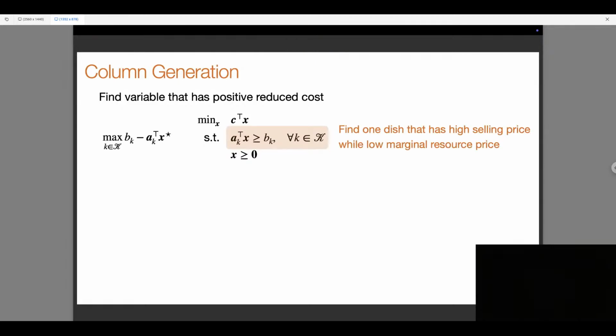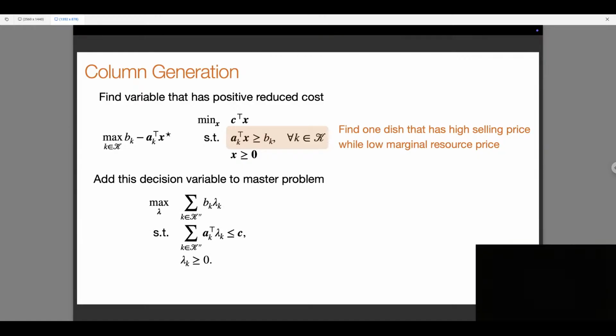And in the canteen problem, we want to find one dish that has high selling price while low marginal resource price, which means that this dish can gain a lot.